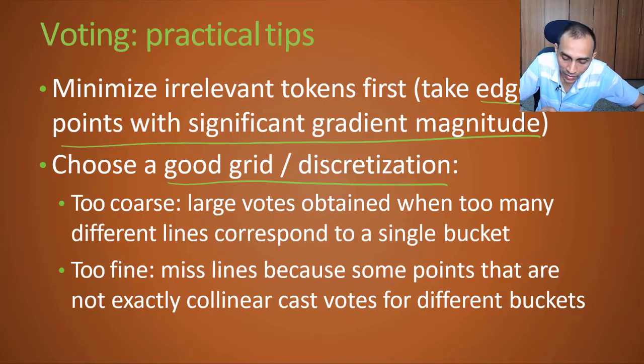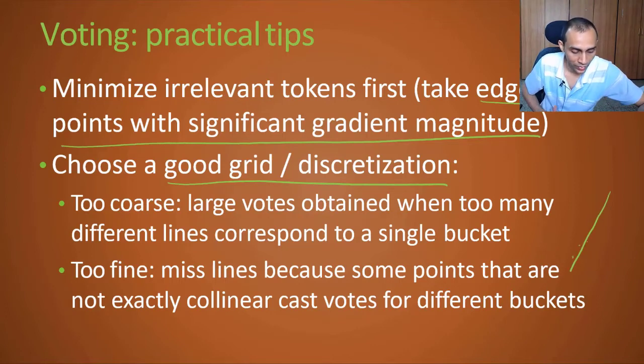That may cause problems. So we cannot make it too fine, because we have to accumulate all these points also. A trade-off has to be made so that noise does not affect your result, and even if you don't have exactly collinear points, you are still able to cast votes for the same bucket. So some trade-off has to be made between too coarse and too fine.